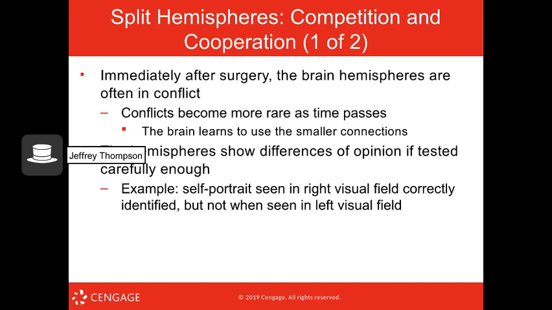So right after surgery, the two brain hemispheres are often in conflict. There's a really great story about two students being shown two sides of a Rubik's Cube, and one side maybe is blue and the other side is white, and they're both asked to say what color the cube is, right?